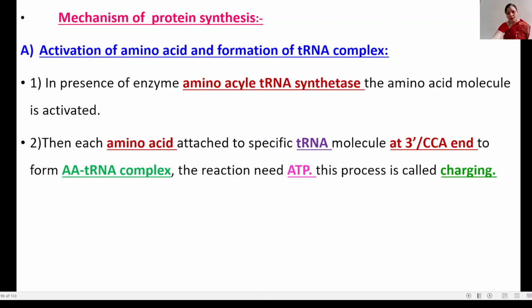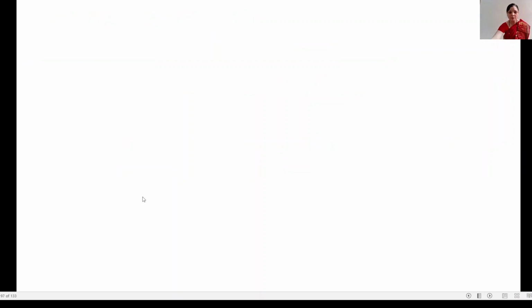So activation of amino acid, that is formation of the tRNA complex, is also known as charging, and this process takes place in the presence of aminoacyl tRNA synthetase. It also uses ATP as the source of energy, and the amino acid attaches to the specific tRNA molecule at the 3' end, forming the aminoacyl tRNA complex. So it is an important process in the mechanism of protein synthesis.